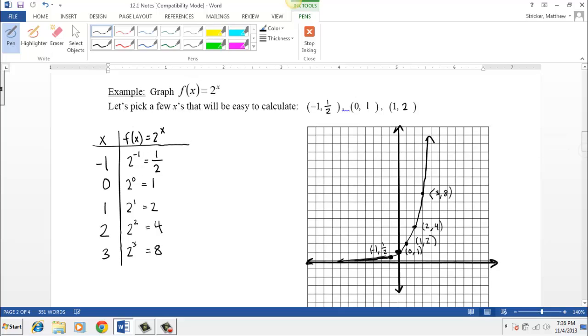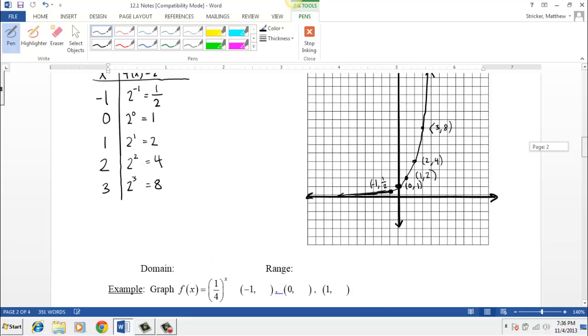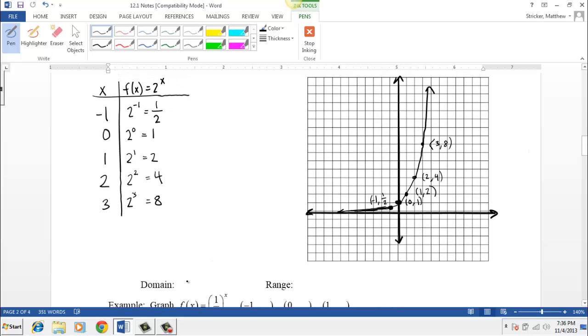And so the domain of this, just like on the last page, we see that this covers all the x's. Domain is -infinity to infinity. And the range, again, in this case, is everything from 0 to infinity. And we don't put a bracket on 0 because we're not going to include 0.